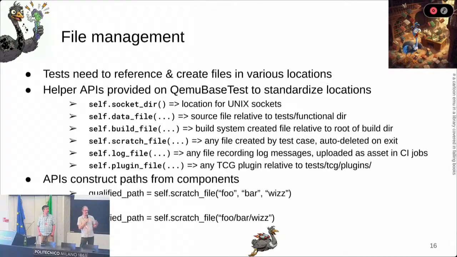If you ask for a log file, it'll put it in a certain location so that the log file gets uploaded as an artifact in the GitLab CI runner so that you can actually debug your tests in CI when they fail. And we've got a handful of other helper methods for dealing with certain types of file. You just pass in the relative path to the file you want, and it'll return a fully qualified path that you can use for accessing those resources.